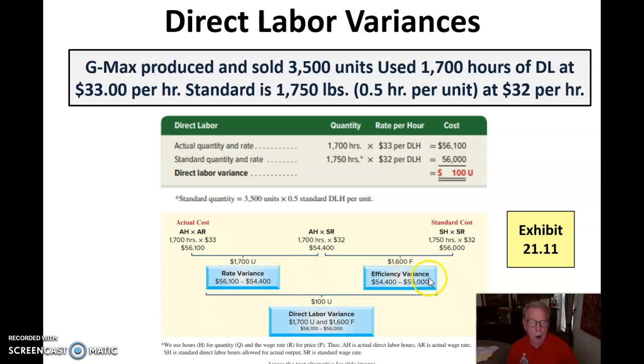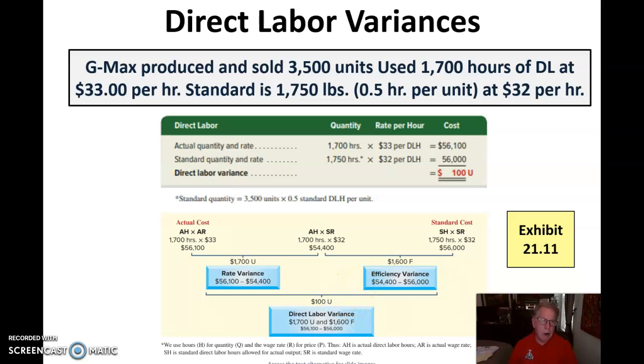But efficiency-wise, I was able to make this product a little more efficiently than I thought. So here I'm looking at 56,000 and comparing it to 54,400. I'm a little better than standard by $1,600. So I compare my efficiencies compared to my wage rate, and I find that I'm pretty close to being at standard.